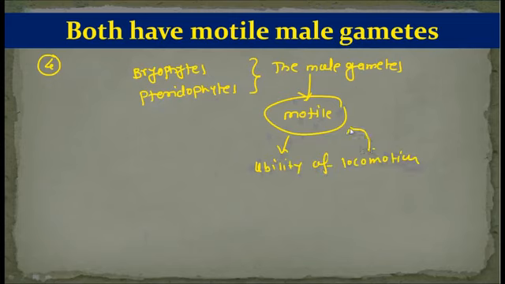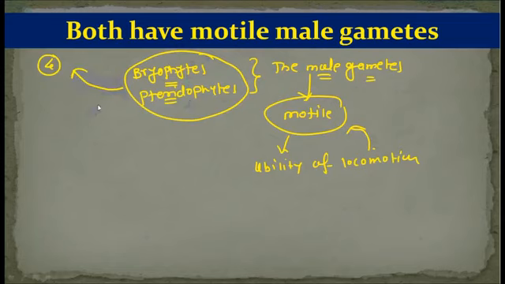Those things which have the ability of locomotion, we say are motile. So in both bryophytes and pteridophytes, the male gametes are motile, that means they have the ability of locomotion. This is the very important fourth similarity.